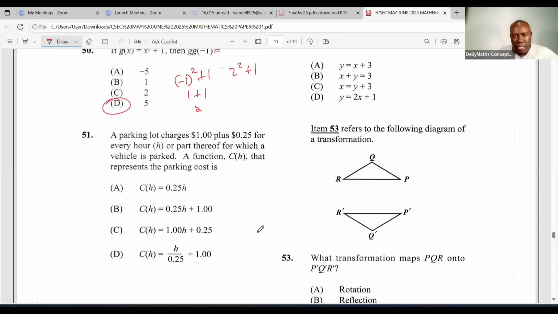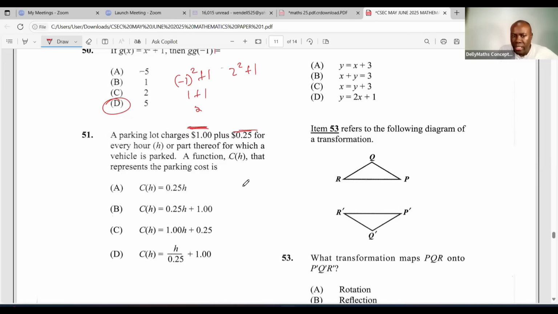All right, so let's read this. It says a parking lot charges $1 plus 25 cents for every hour. So it charges $1, and then plus this every hour. So the dollar is fixed, and then that every hour. Write the function c of x that represents this.